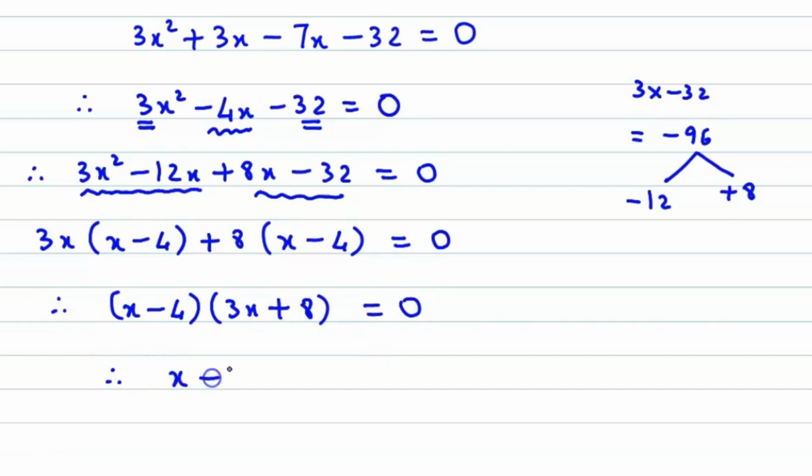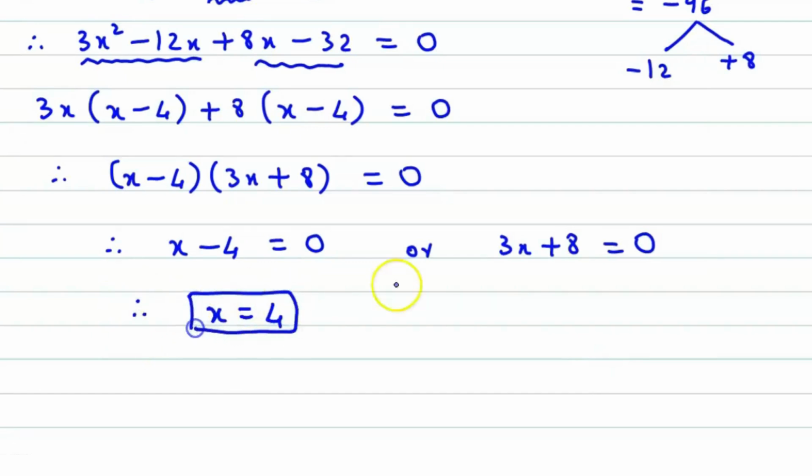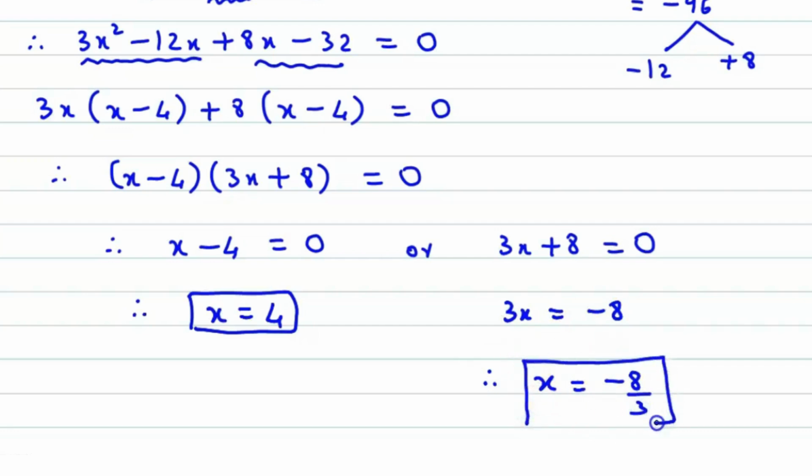So x minus 4 is equal to 0, or 3x plus 8 is equal to 0. Now from here we obtain the values of x. So x is equal to 4, or 3x equals minus 8, therefore x is equal to minus 8 by 3. So these are the two values for x: x equals 4 and x equals minus 8 by 3.